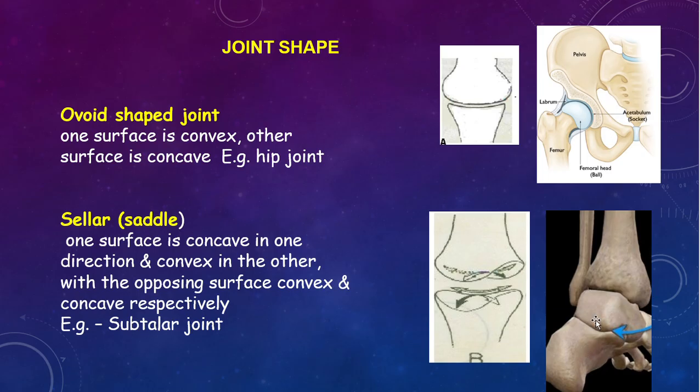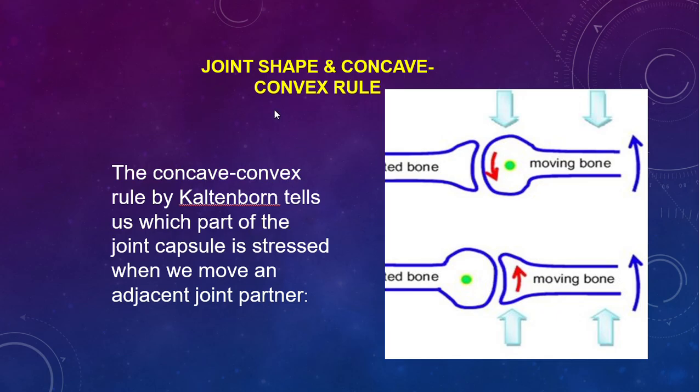So they can fit perfectly into one another. Such a joint is called a saddle joint. We need to understand the shape of the joint so that we'll be able to predict almost correctly what will happen after mobilization or manipulation in a joint. The shape of the joint determines the result that we get.